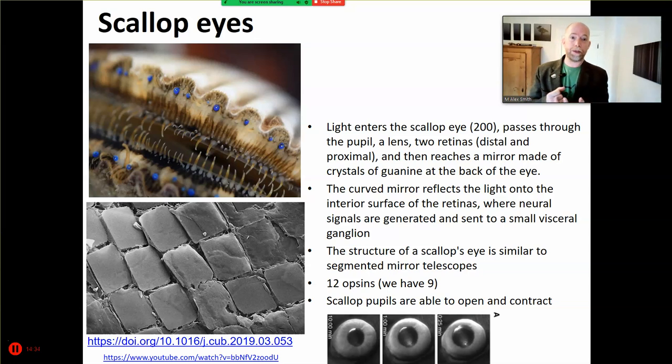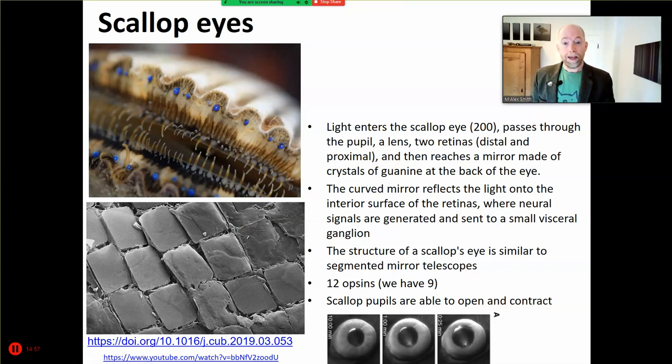Remember the polyplacophorans, the chitons' eye created out of shell, or the cephalopods' eye, analogous to our own. This has a pupil, a lens, two retinas, and that's what you saw in orange and blue in the last slide, and then a mirror.